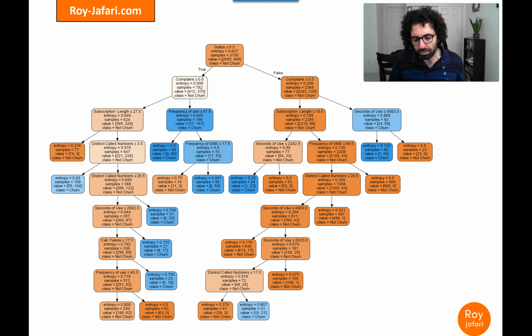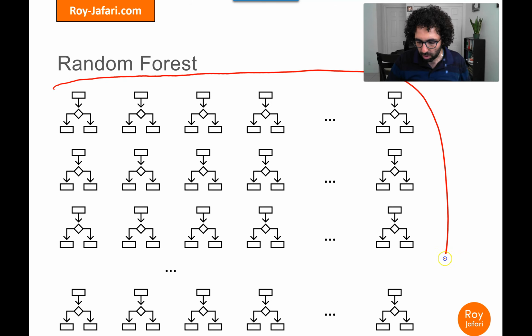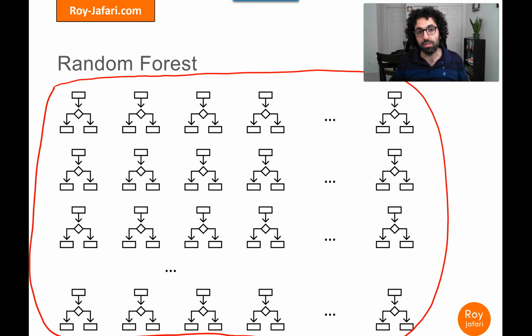But random forest instead uses only small decision trees, only like one level, and these are called weak decision trees or weak classifiers. And it creates more than one of them. Like you can see here, for example, it has created so many decision trees, and these decision trees are created randomly, and there is a randomness nature inside them.